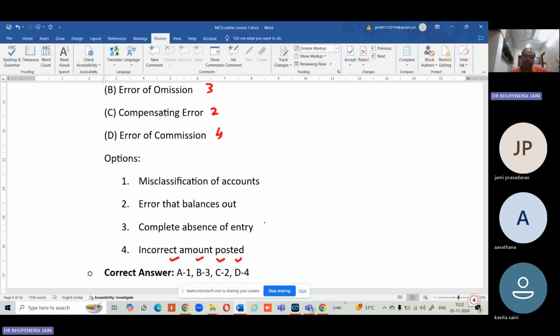How the option will be given in your exam. उसमें in exam first, second, third, and fourth. A का 1, B का 3, C का 2.